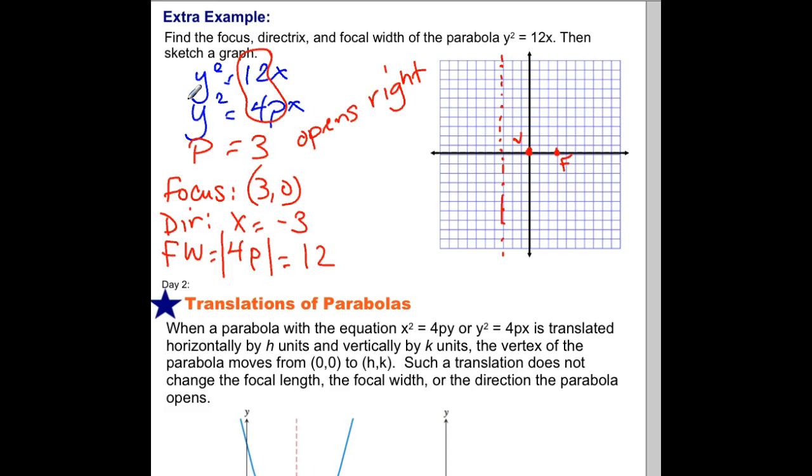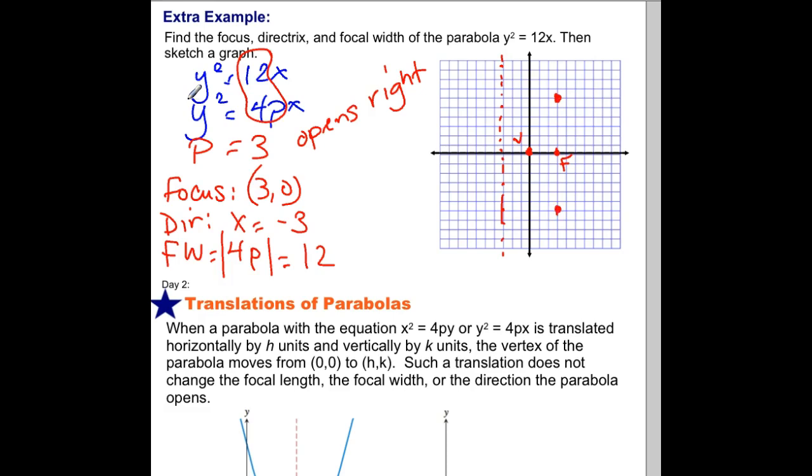Okay. Now, it says to sketch a graph of it. If you know the focal width is 12, then the chord that we draw through the focus has to be 12 units long. Okay? And it's symmetric, so you're going to have half on each side. So I'm going to go 6 spaces above the focus, and I'm going to go 6 spaces below the focus.